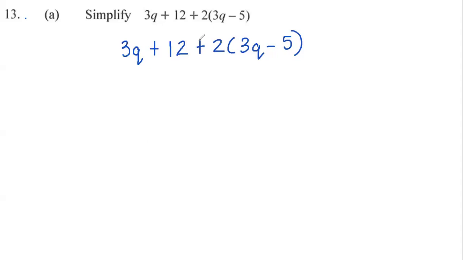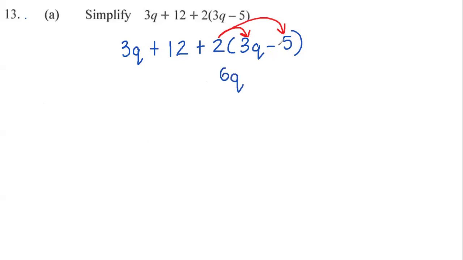I agree with that, and the reason is because you want to get rid of the brackets. So we're gonna do 2 times 3q and 2 times 5. Okay. So class, what is 2 times 3q? That's gonna be 6q. 6q, very good.